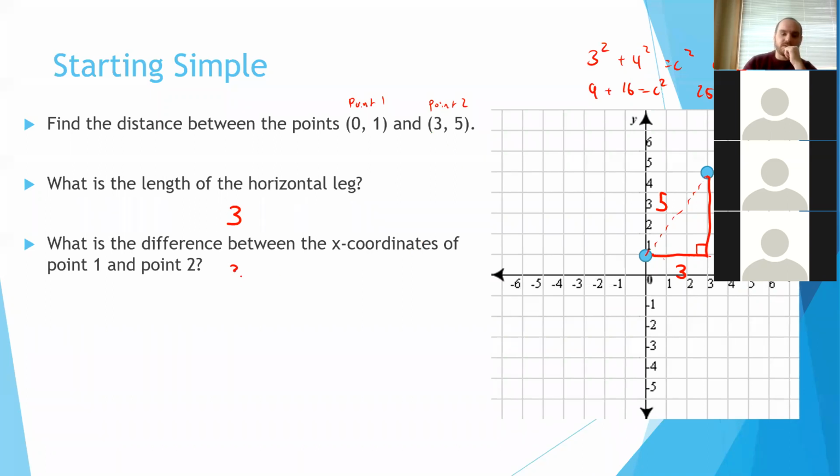Yeah, it's 3. Good, Riley. And what is the x-coordinate of point 1? Right, 0. So the difference between the two is 3. Now, what is the length of the vertical leg?